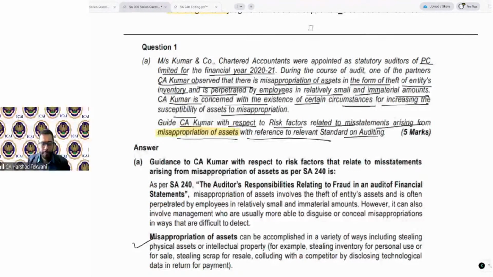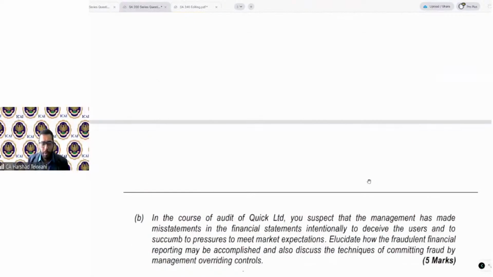Let's move forward. There is one more question that was there in the past exam. In the course of audit of Quick Limited, you suspect that the management has made misstatement in the financial statement intentionally to deceive the user and to succumb to pressure to meet the market expectations.